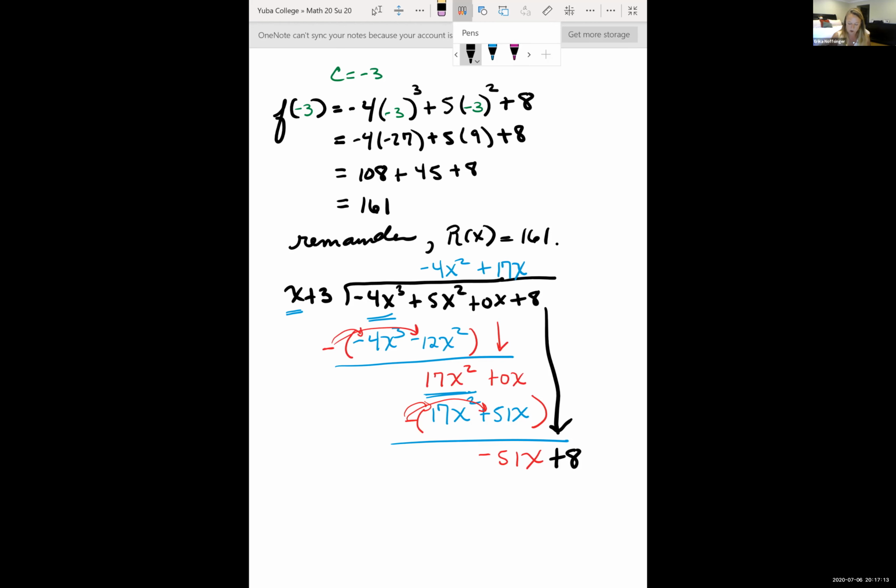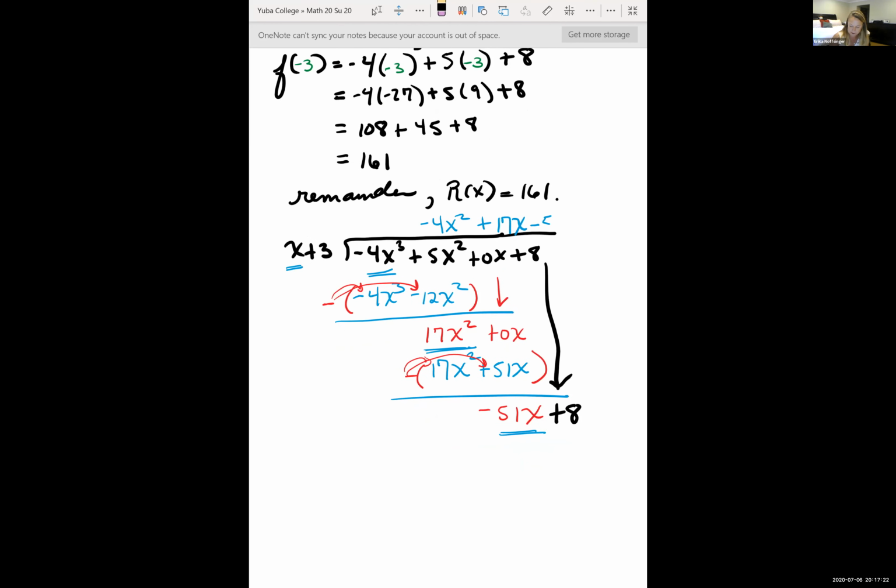Okay, so what are we multiplying x by to get back this first term down here, which is negative 51x? That would be minus 51. Distribute it. Negative 51x. 3 times negative 51, that's 153, and that would be a minus.